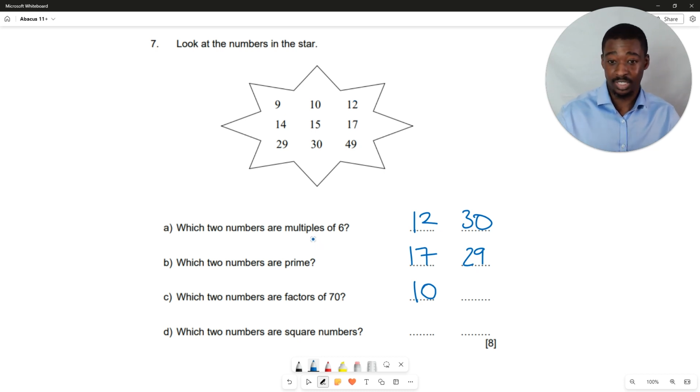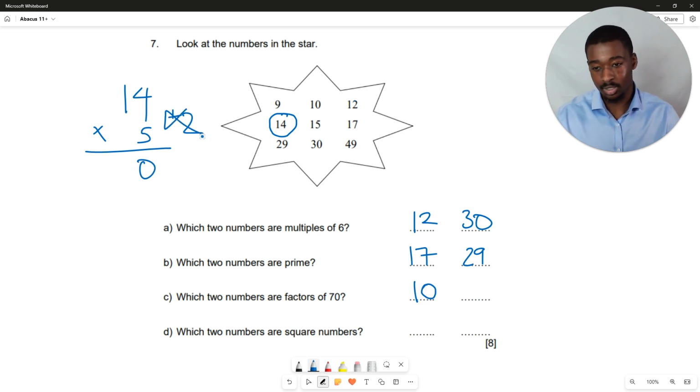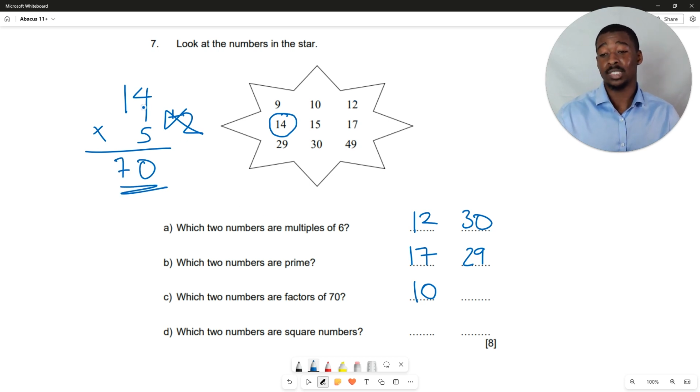Then add 12 again is 72. However, 14 looks very promising because 14 times 5 is 70. 14 times 5. 4 times 5 is 20, so 0, carry the 2. 5 times 1 is 5, plus the 2 we carried over is 7, so 70. So if 14 times 5 is 70, that means 70 divided by 14 should give us 5, remainder 0, no remainders. Therefore, it's a factor, so 14 here.